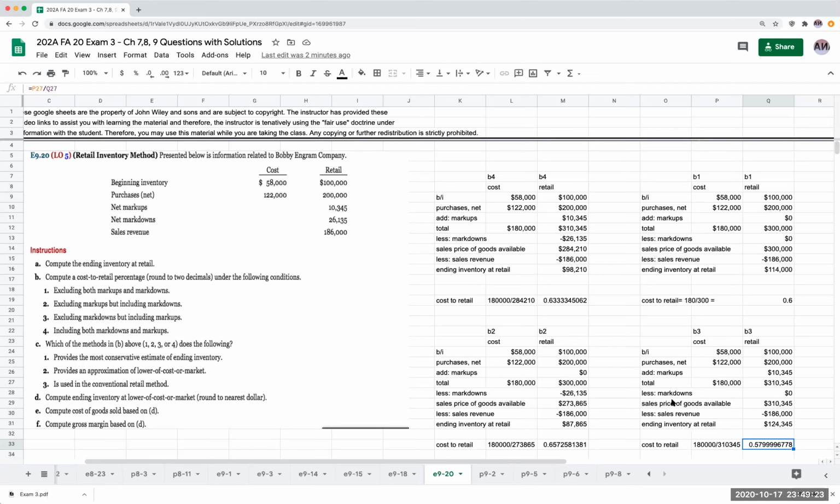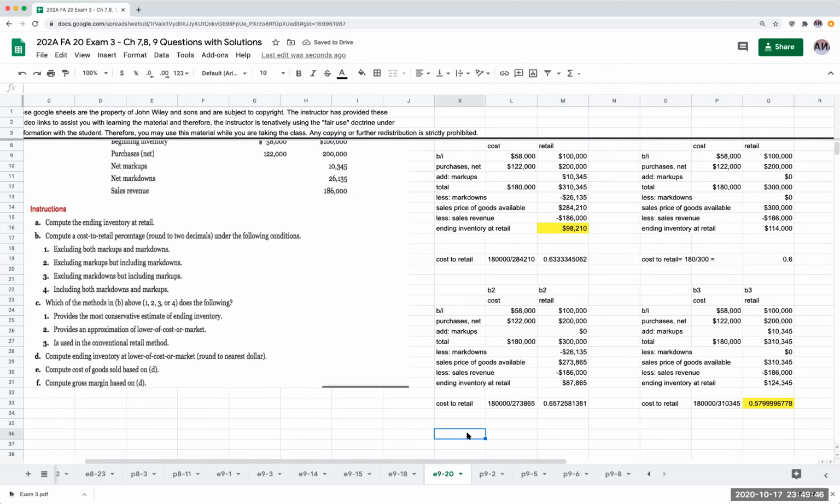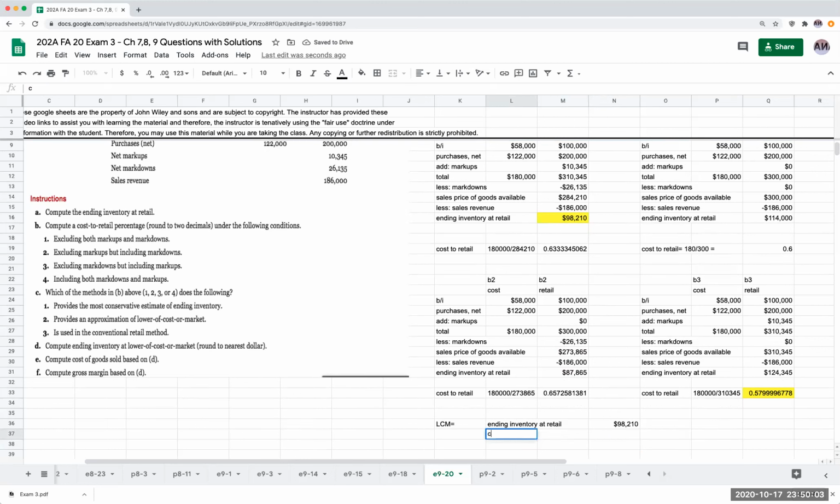Going through and doing that, our ending inventory at the lower of cost or market would be taking 98,210, my ending inventory at retail, and multiplying that by my cost to retail percentage of 58%.